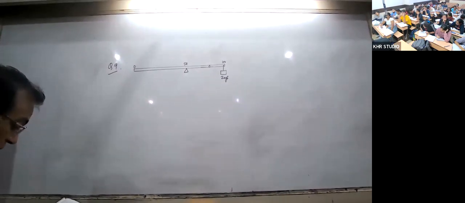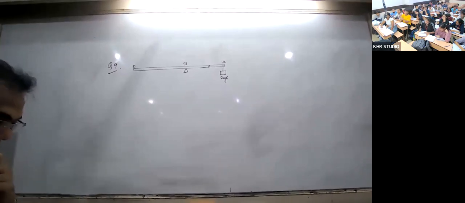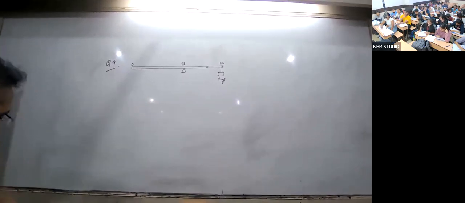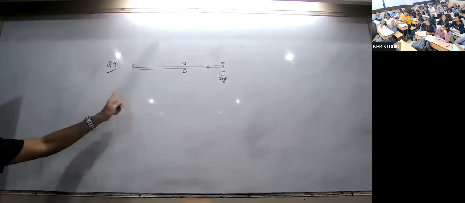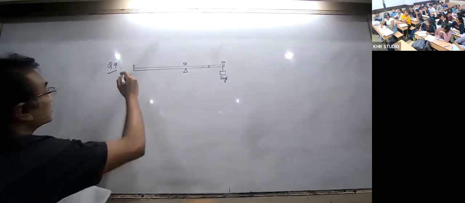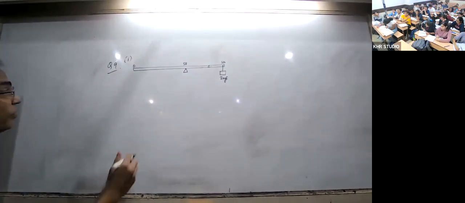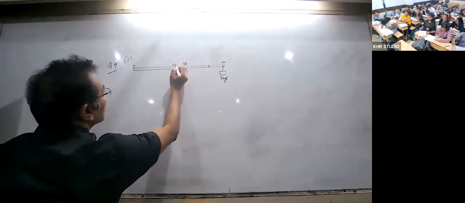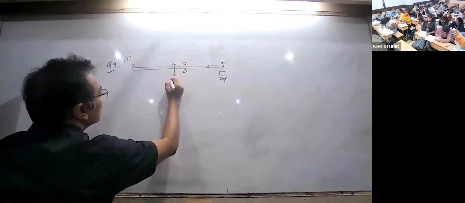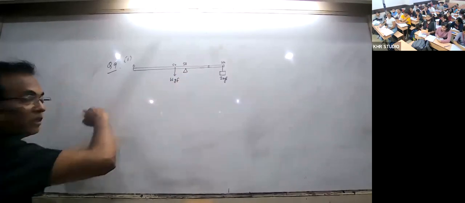Then what do you have to find? The weight of the meter rule. So draw the diagram. Where is the weight of the rule? At the midpoint, right? So this is 50. The weight of the scale, W gram force, will be at 50.